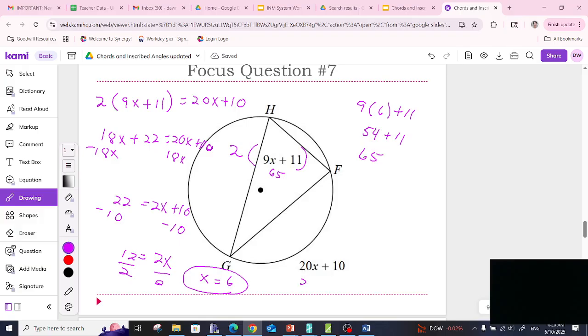And if I take 20 times 6 plus 10, that would be 120 plus 10, which is 130. I could also check my answer. If I have 65 and I multiply it by 2, does that equal 130? Yes. So I did it correctly. 65 times 2 is equal to 130.